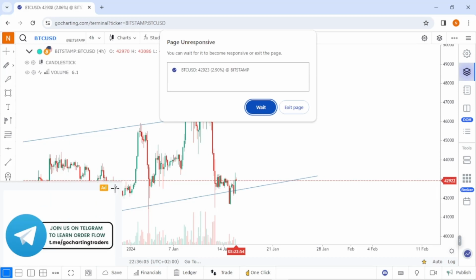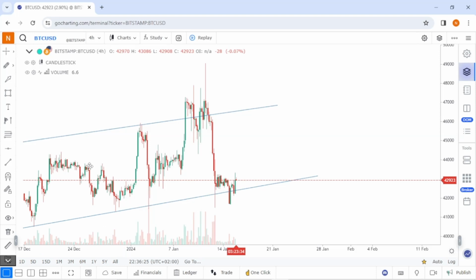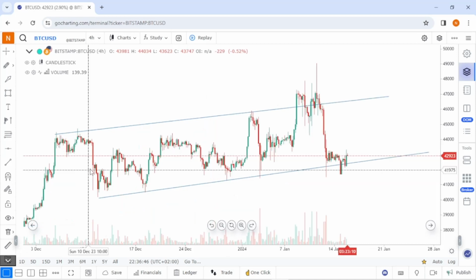There's literally a pattern to this, and if you capitalize on this, you're bound to make money and stop being fooled by these banks. Okay, let me just center this so that you guys can see. I'm sorry guys, my computer is really slow, but here we go.